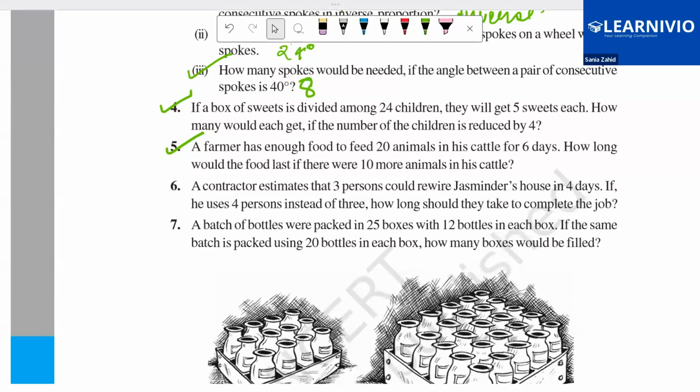I'm done. Okay, what about others? Ma'am, the fourth one I did not do, but the fifth one I did. Why, are you not understanding the fourth one, or do you want time? No, I didn't understand. Okay, please do it quickly, then we'll discuss together.